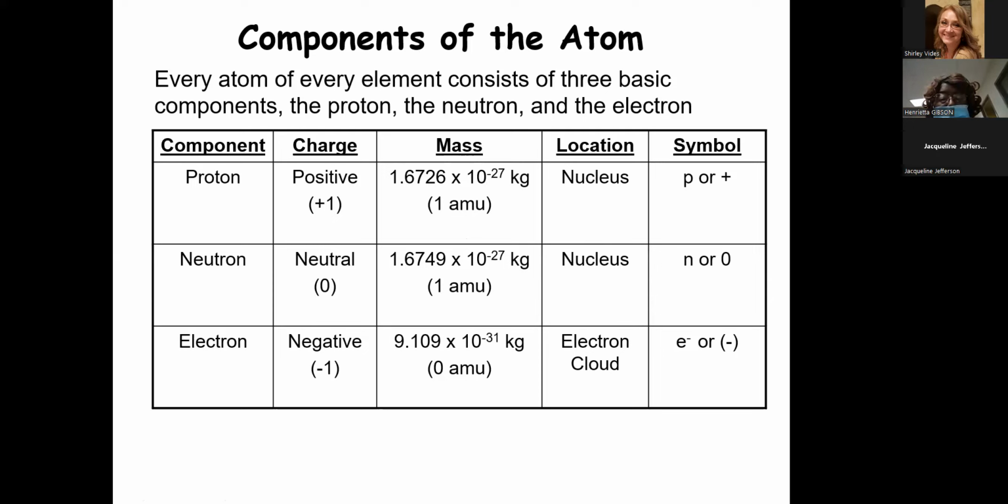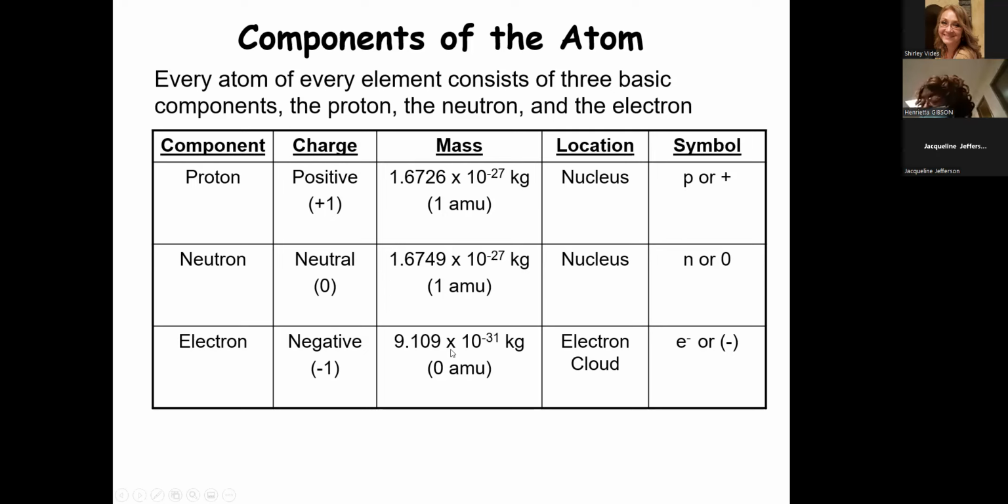But the electron is 0 because the electron does not bring enough mass to the total mass of an atom to count. So what we say is it's negligible, right? You don't have to count it because there just simply is not enough mass in the biggest element to make a difference.